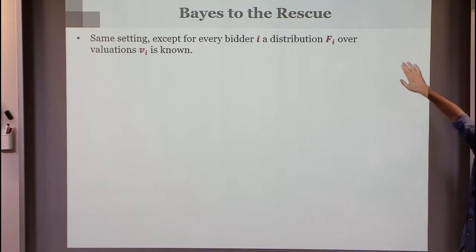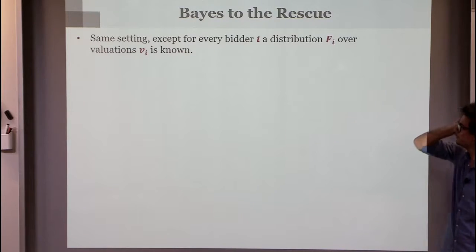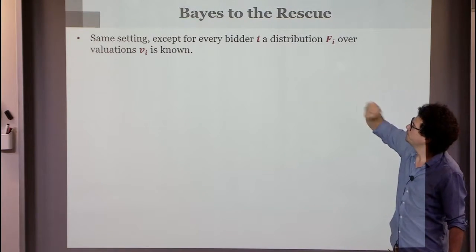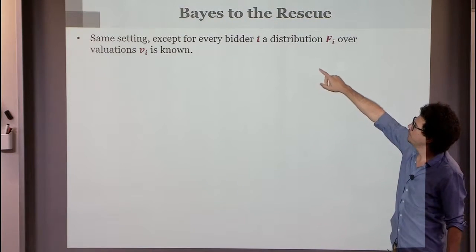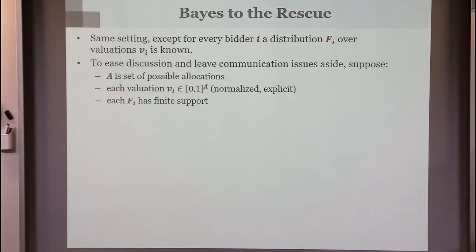So for this part, I'm going to assume the same combinatorial auction setting, except now I'm also going to assume that for every bidder, we know a distribution Fi from which the valuation function is drawn. And in fact, to leave communication issues aside, I'm going to consider an explicit setting.